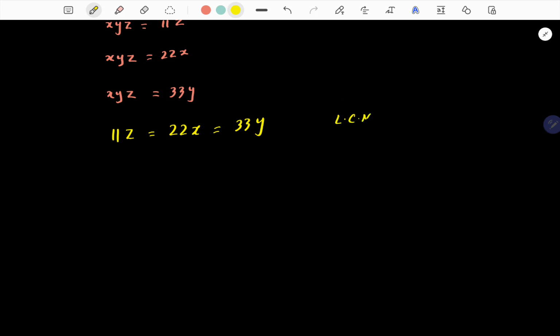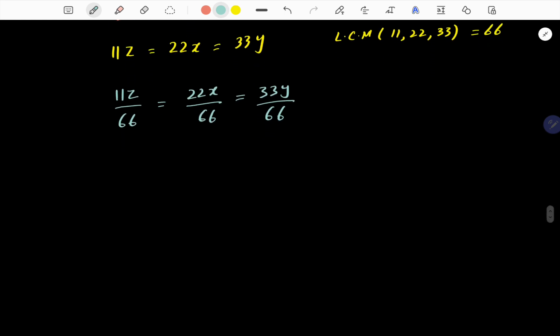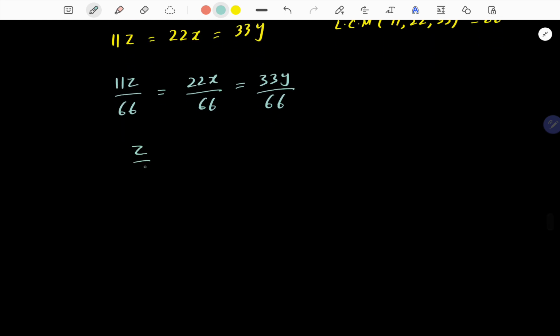The LCM of 11, 22 and 33 is equal to 66. So dividing with 66, we get 11z over 66 is equal to 22x over 66 is equal to 33y over 66, which can be written as z by 6 is equal to x over 3 is equal to y by 2.